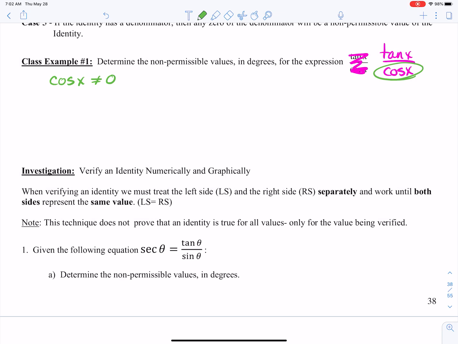And then again, I solve it using the unit circle, so I know that x cannot equal pi over 2 plus pi n. N is an element of integers.